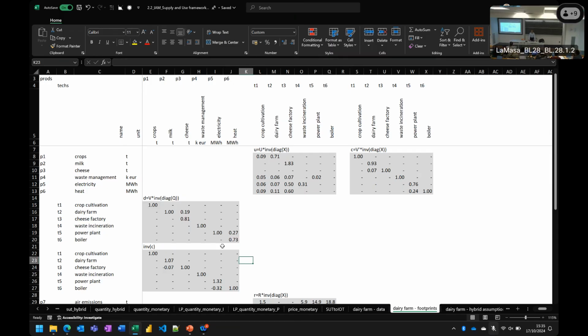Because in the end you're not asking to increase the activity, you are asking for a product. The point is that when you are asking for 1 unit of product in the equations, what the model calls the final demand. So if you are asking for the final demand of milk, this matrix is saying that you are asking for 1 unit of milk, but any time the dairy farm is producing milk, it's actually producing something more than the milk.